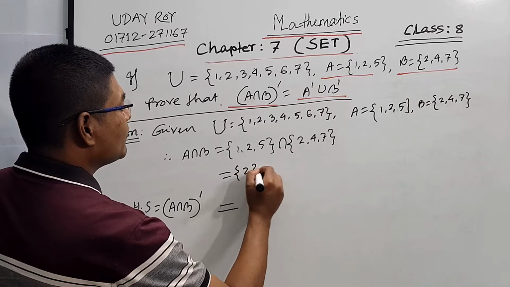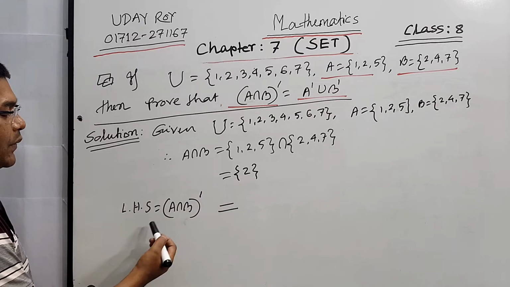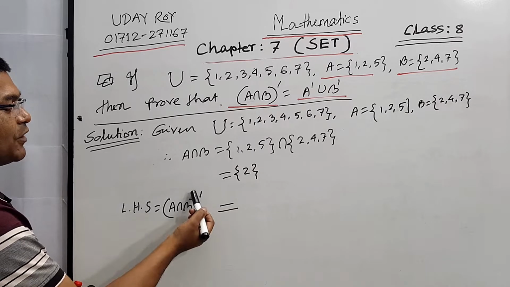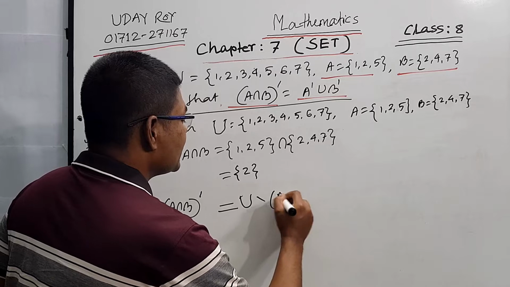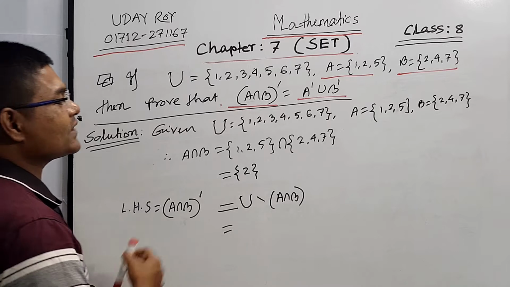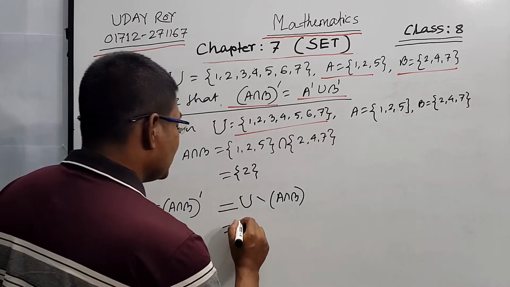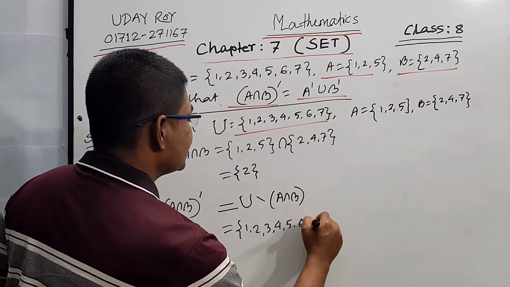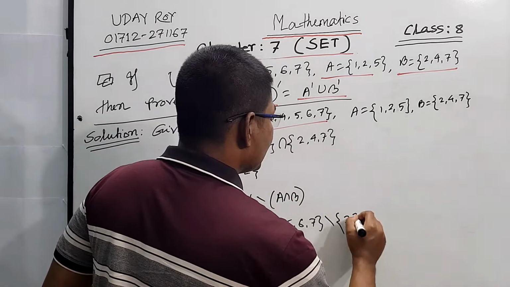So we have got A intersection B. Now we have to find the left hand side. So complement of A intersection B equals universal set difference of A intersection B. So you have to write the universal set at first: 1, 2, 3, 4, 5, 6, 7. And A intersection B here is 2.